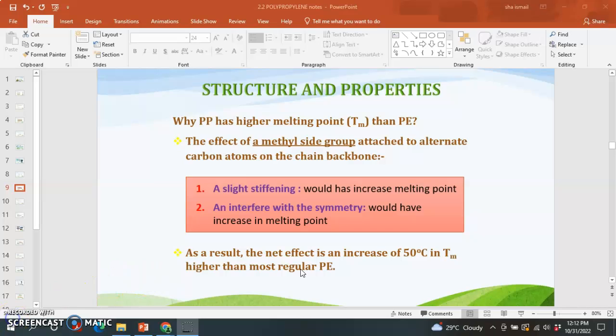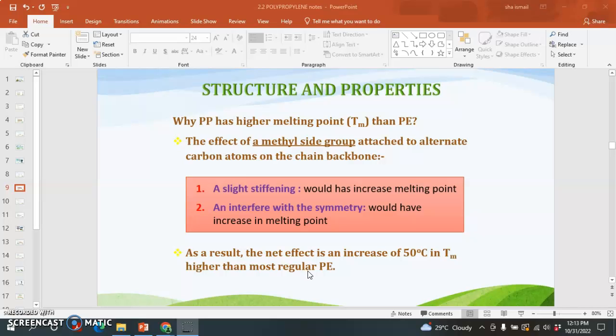Okay, why does PP have a higher melting point than PE? Because of the effect of a methyl side group attached to an alternate carbon atom on the chain backbone. So this methyl side group gives stiffening to the main structure, which means the main structure will not easily rotate, because the methyl side group will hold the main structure from rotating.